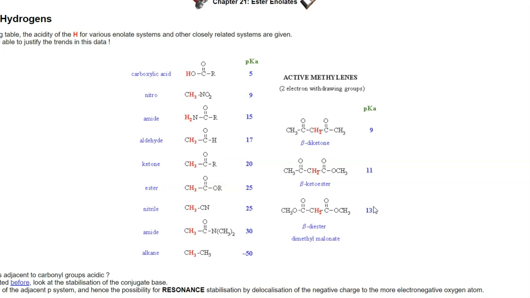Why is 14 an important pKa? Do we have a common base that has a conjugate acid whose pKa is about 14? Wow, no one remembers.